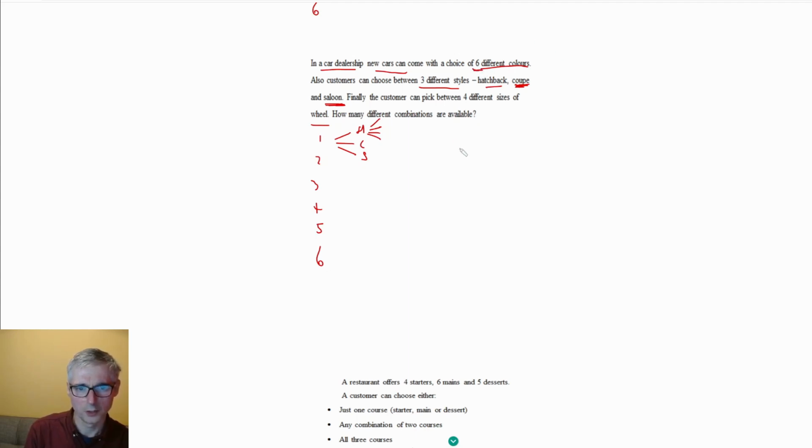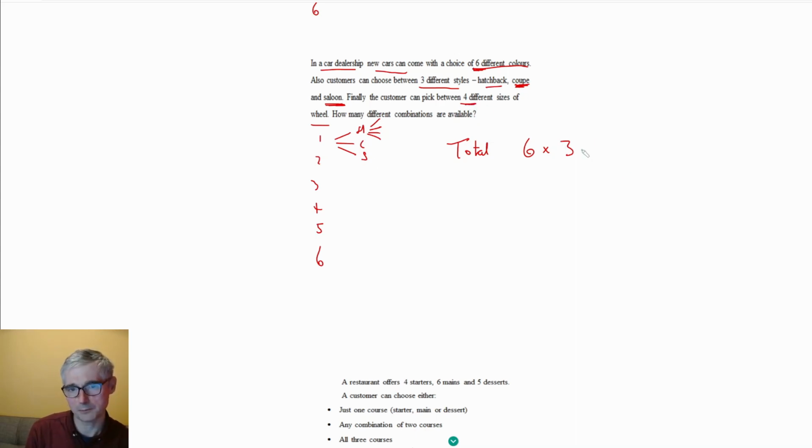We could just say, well, actually the total different combinations is equal to the 6 different colours. So for each of these 6 different colours we've actually got 3 different styles, and then for each of those options, so for each different colour and style, we've actually got 4 different sizes of wheel.